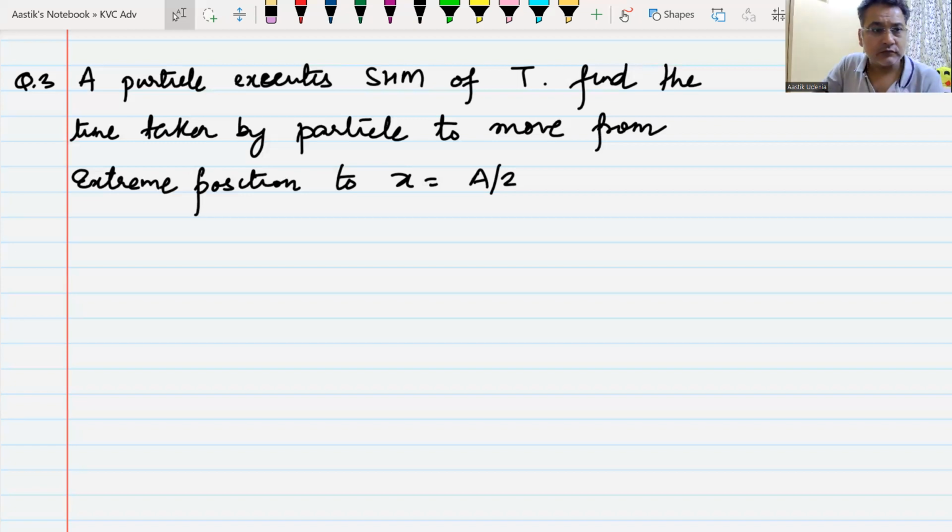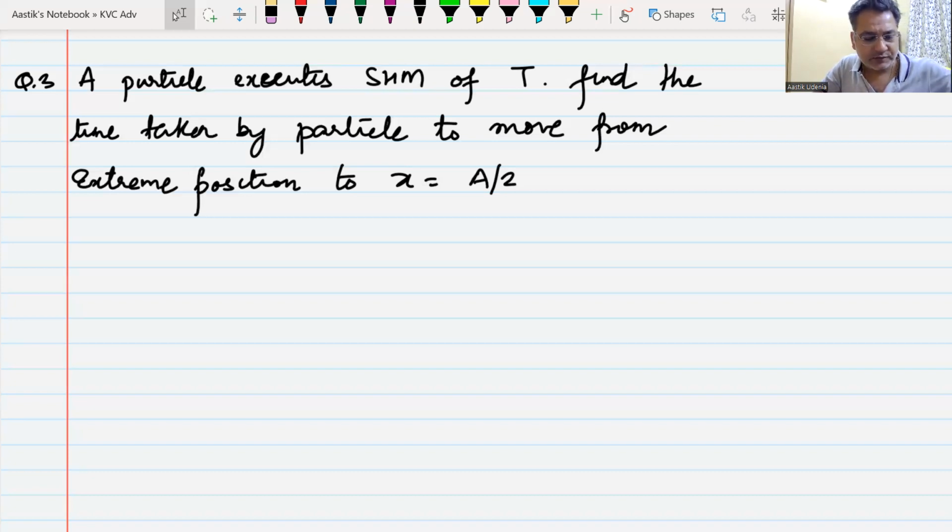Then I got the phase as 5 pi by 6. So I have used phase difference by 2 pi equals time difference by T. I got the time taken to be 1 by 6 of T.